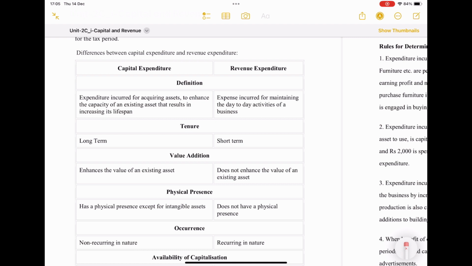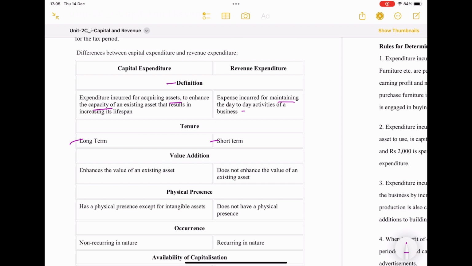So for the difference, we always start with the definition. Capital expenditure is expenditure incurred for acquiring assets or enhancing the capacity of an existing asset. Revenue expenditure is expense incurred for maintaining the day-to-day activities of the business. Tenure: capital is long-term, revenue is short-term. These are the features of the expenditures.